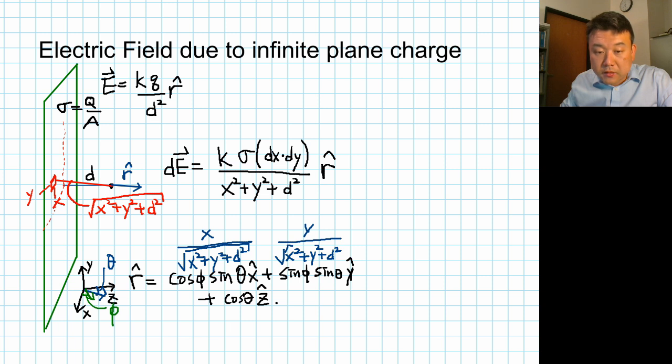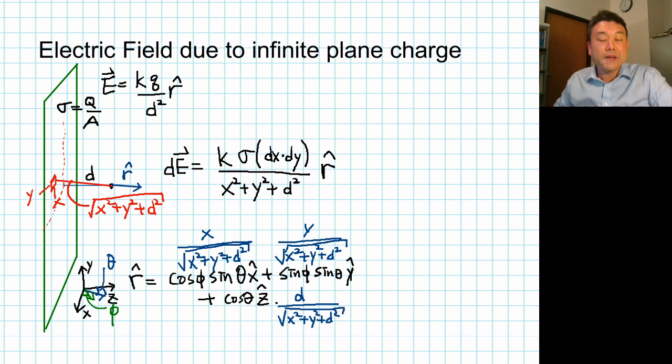And what do you think the z component will be? Well, if you guessed d, because that's the z component of this long vector, d over square root of x squared plus y squared plus d squared, if you guessed that, you would be right. So those are the three components of this r hat vector.